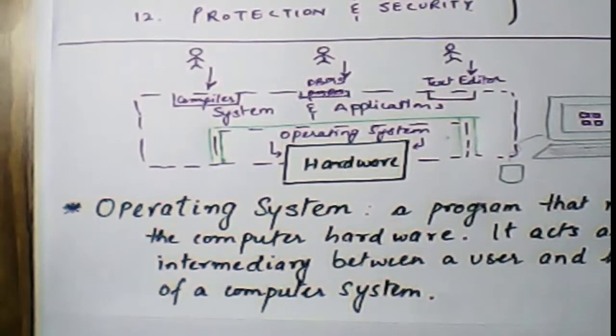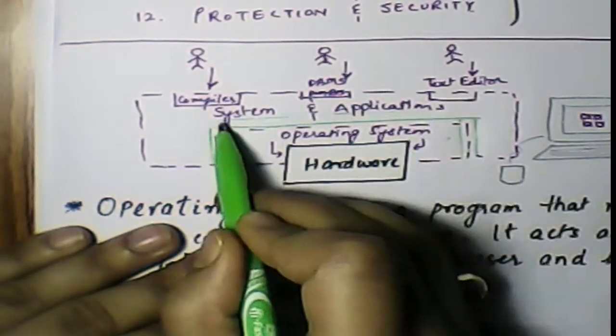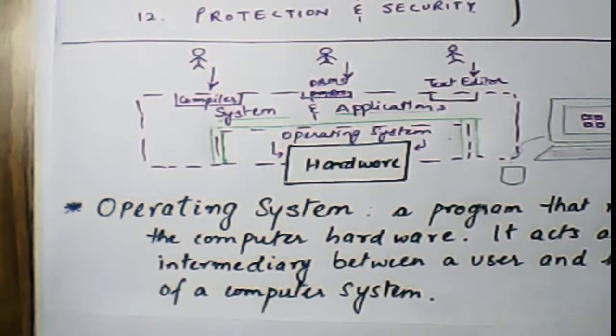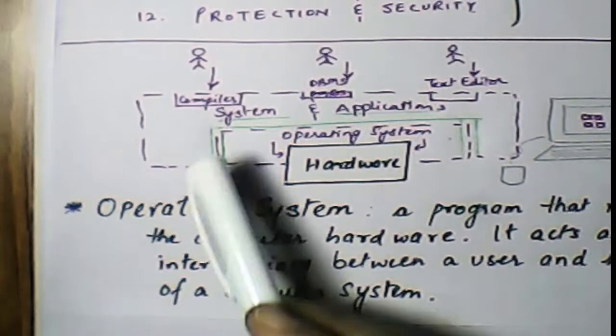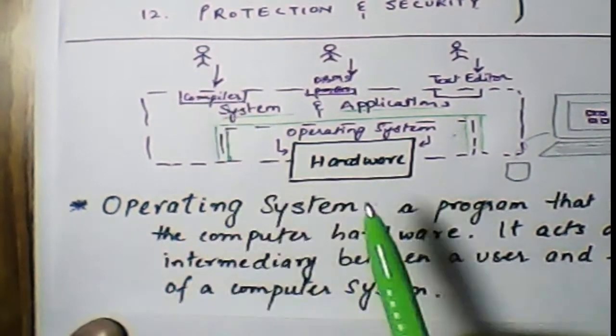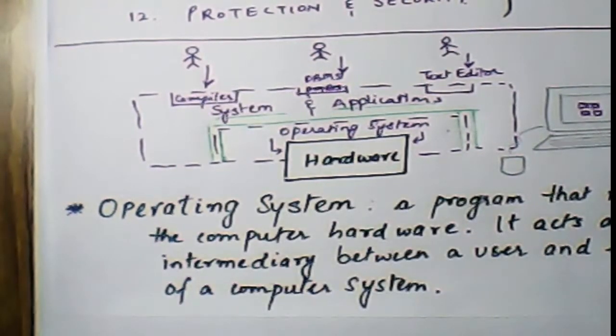You have system and application programs which are residing on top of operating system, and they are the ones which are interacting with the user directly. So whenever I want to execute a C program, whenever I type a C program, there will be a compiler which will provide an executable, and I will be interacting with the compiler.